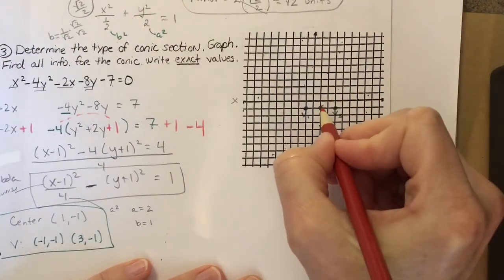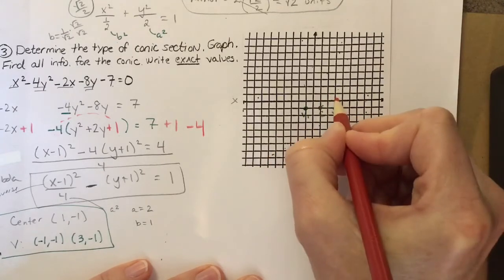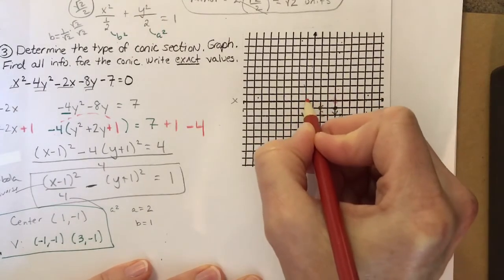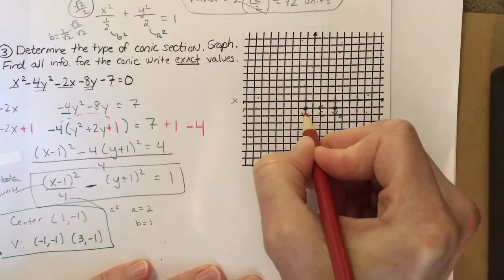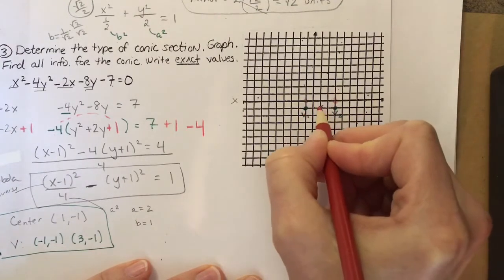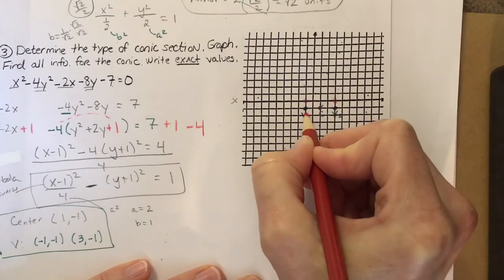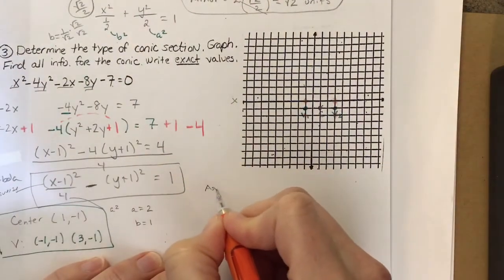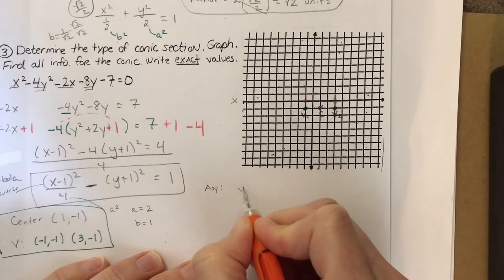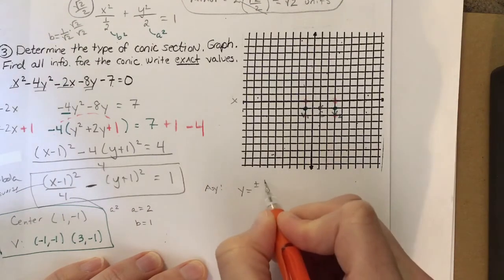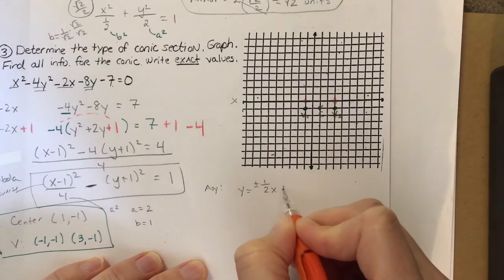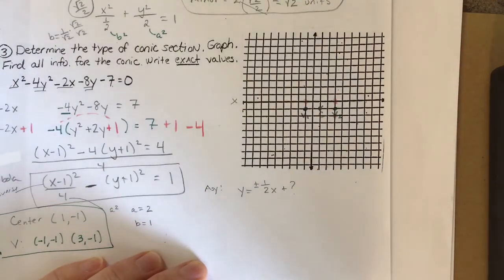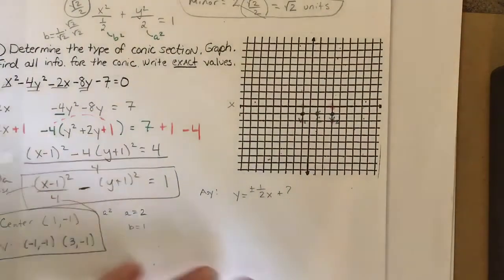I'm just going to go up 1 over 2, up 1 over 2, down 1 over 2, down 1 over 2. All right. I'm looking for these asymptote lines, right? y equals positive or negative 1/2 x plus something. All right. I'm going to draw them in.